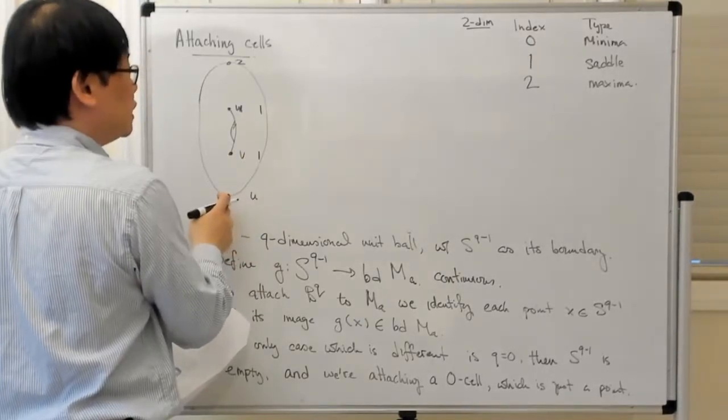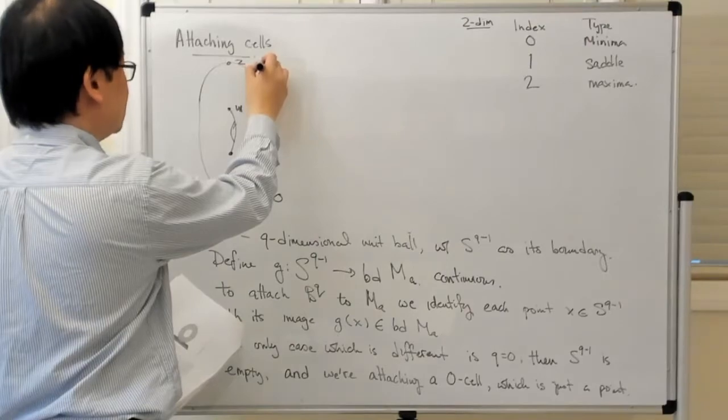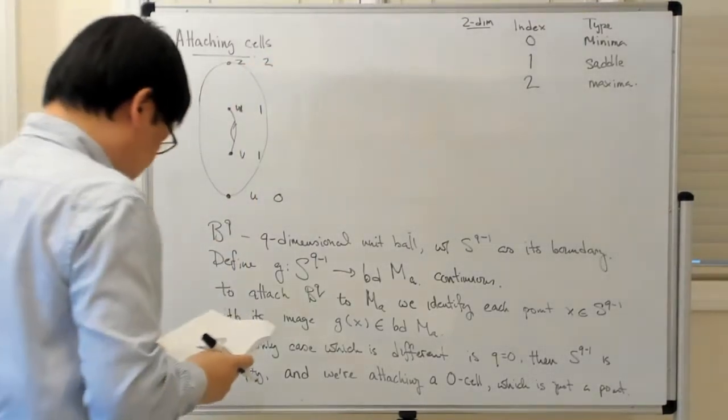This is a minimum, so it has index 0, and this has index 2.